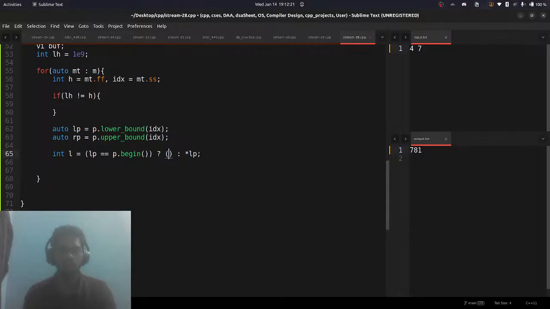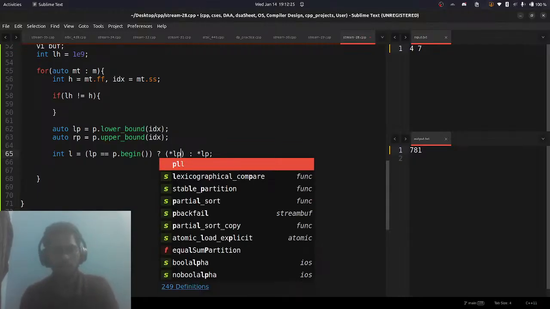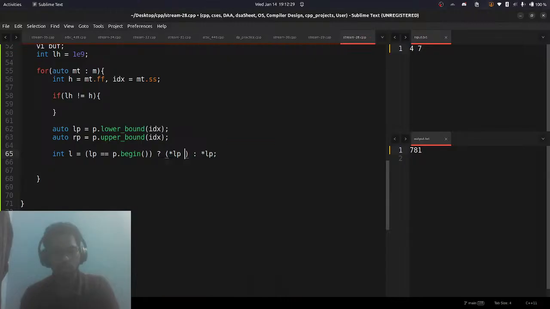If not, we will check if star LP is greater than the IDX. If this is the case, then of course it will be 0 only.